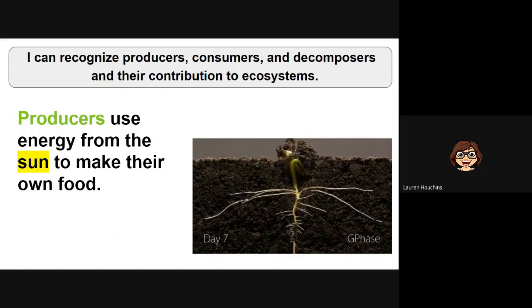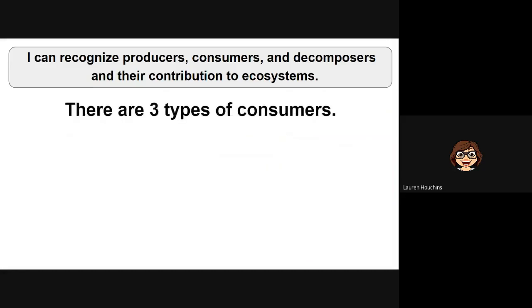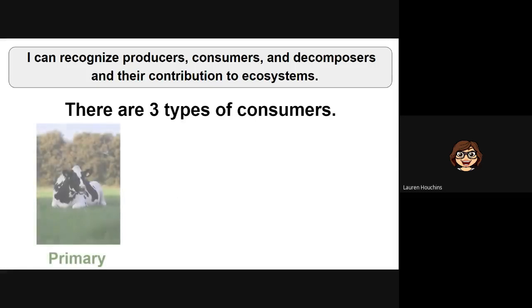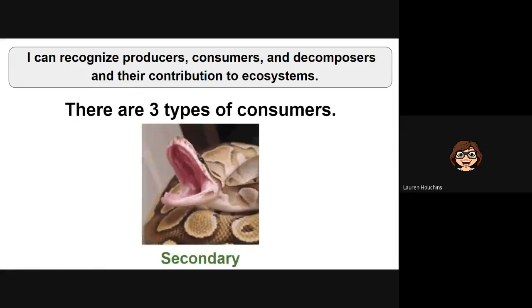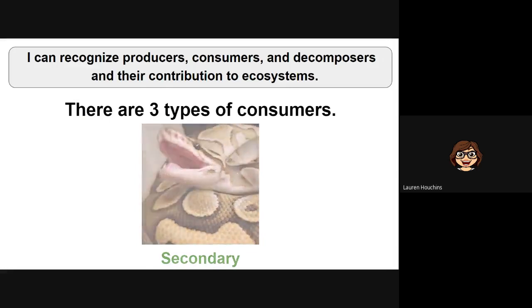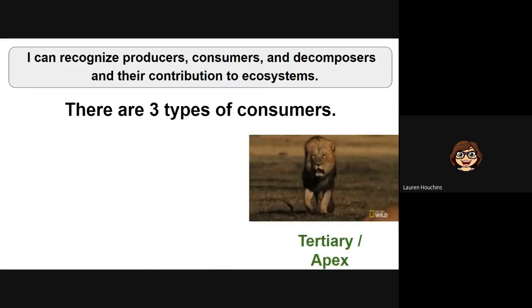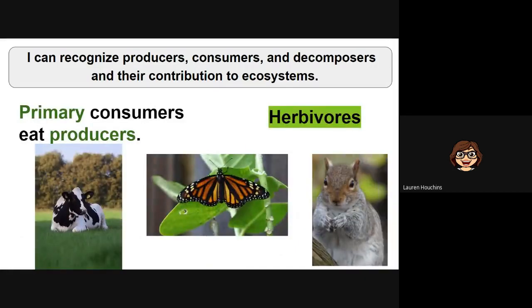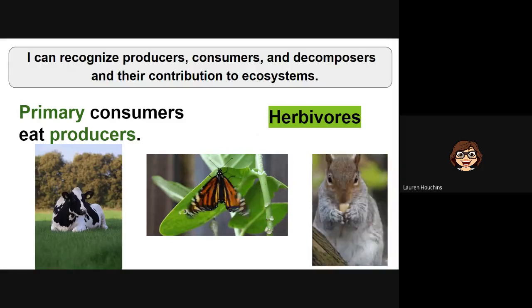So moving up our energy pyramid, the next three things we come to are our types of consumers. So we have primary consumers, secondary consumers, and tertiary or apex consumers. And if you remember, tertiary or apex, they mean the exact same thing. So as our producers are on the very bottom of our pyramid, we move one step up to our primary consumers.